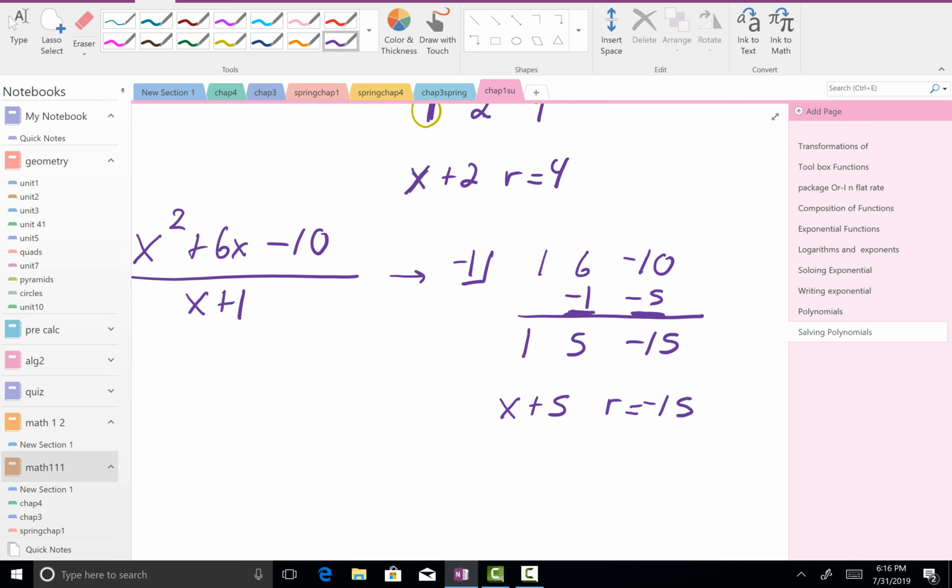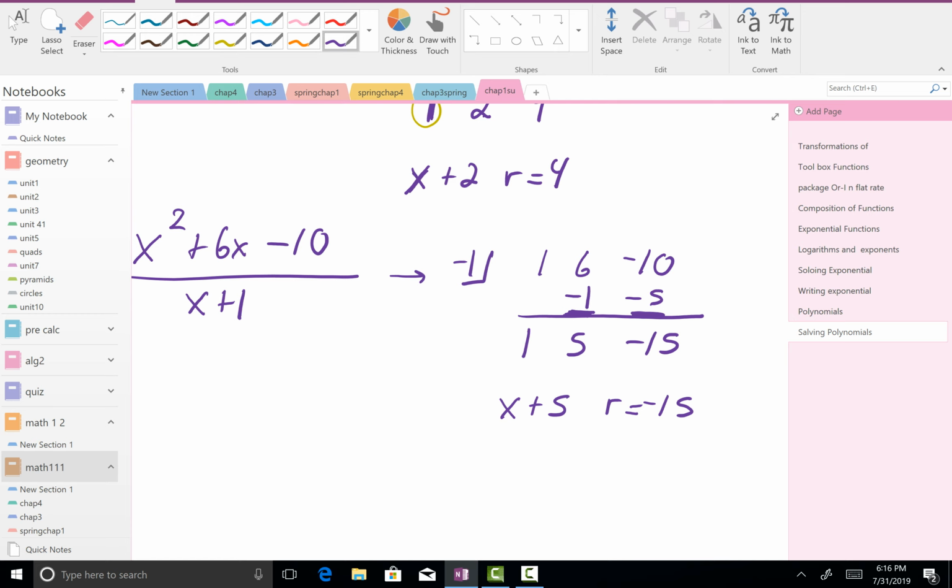This one comes from this. Yeah, you're taking the opposite of that. So instead of x plus 1, you're taking the negative. Yep. So you're taking -1 times this one. Multiply, add, multiply, add.